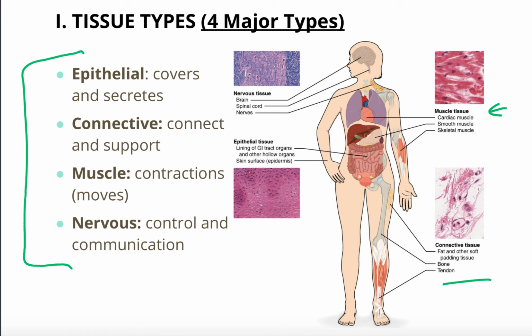And epithelial typically is lining parts of your organs, either the inside surfaces or the outside surfaces. Like your stomach has the inside where all the stomach acid is and the outside of the stomach itself. Both of those are lined with epithelial tissue.